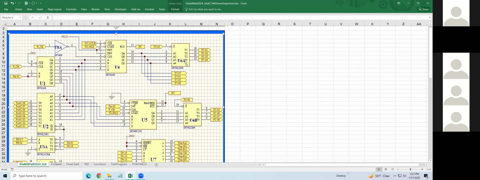Then you have to set U3 pin 5, you see right here, to be 0. That means you have to apply PB1 and PB2 to be 0, 1. So that one will be 0.